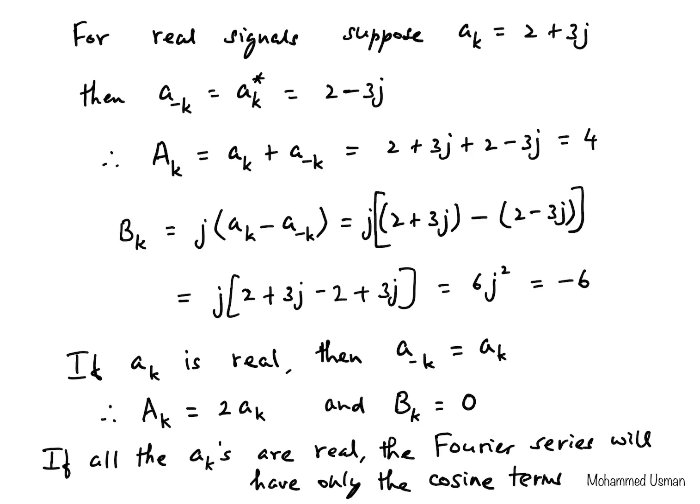And what you should bear in mind is that when we talk about Fourier series, we are talking about signals which are periodic. Fourier series applies only to periodic signals, whether they are continuous time or discrete time. When you talk about Fourier series, it automatically implies that the signal x(t) or x[n] is a periodic signal. So finally, to conclude, let's make a couple of important observations regarding the Fourier series.